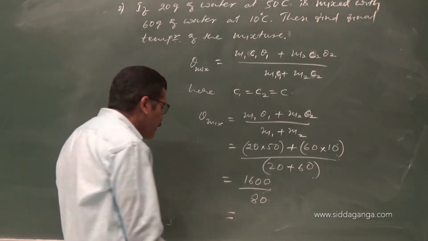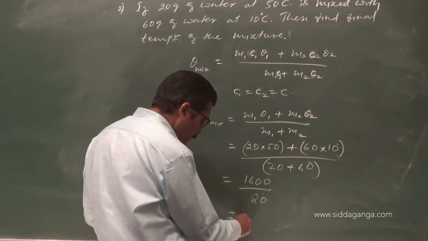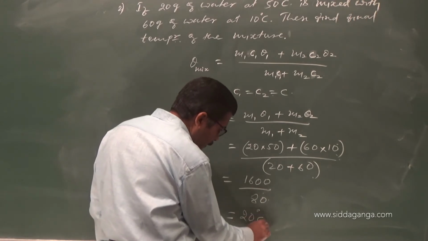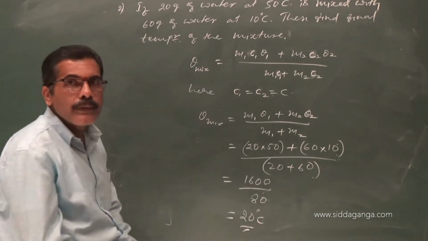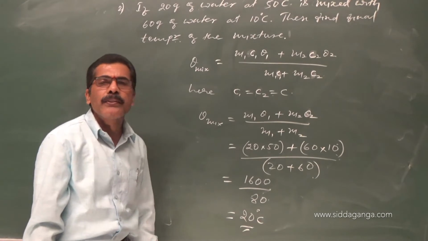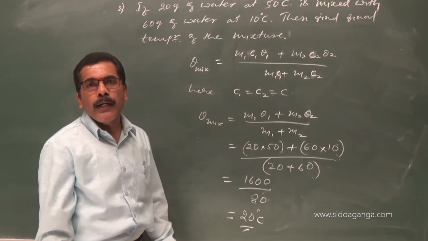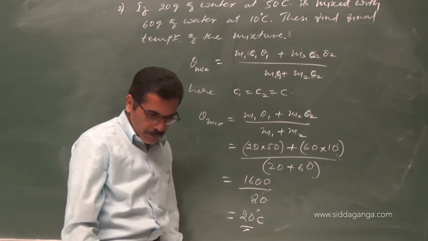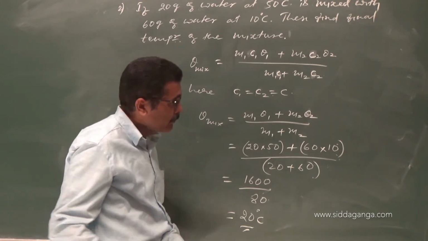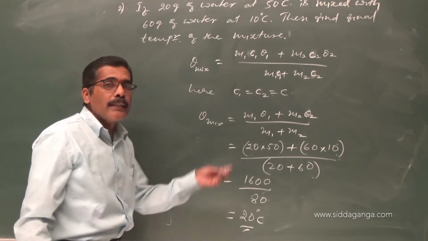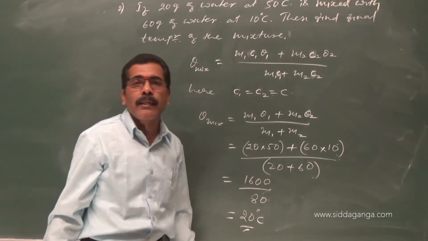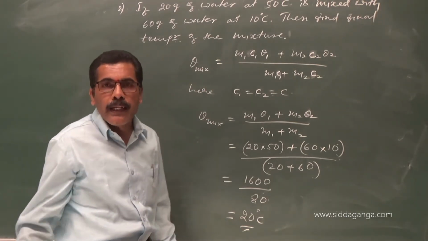When you simplify this, you get the temperature of the mixture as 20 degrees Celsius. In this way, there are so many simple problems related to specific heat capacity or heat capacity that could be solved. We will consider such category when we go to the entrance part.